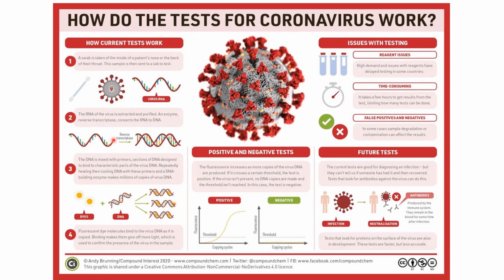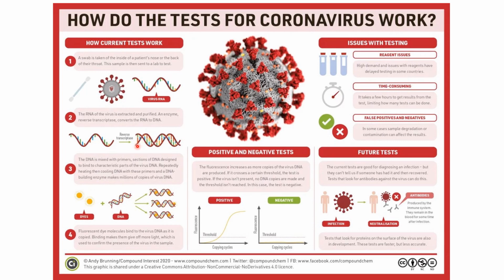And then you use an enzyme. Remember, an enzyme is a protein that catalyzes a reaction. In this case, the reaction is making DNA from the RNA. So you add another strand to this RNA that's opposite to the RNA you have, and you get yourself a DNA strand. Now you've got the recipe book of the virus.